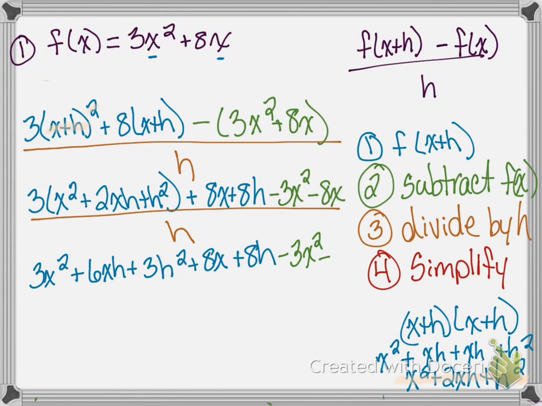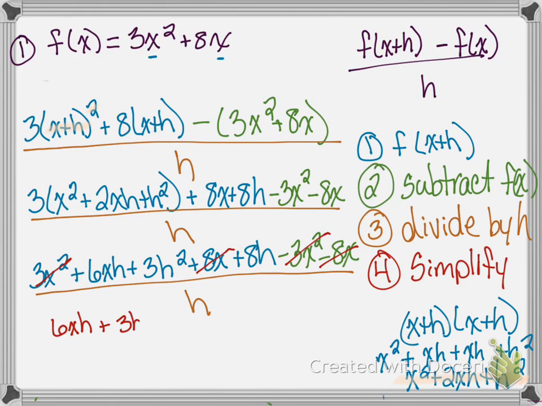I went ahead and distributed. Now that I have all of that multiplied out, now I'm going to simplify. 3x squared and minus 3x squared cancel. 8x and minus 8x cancel. So I am left with 6xh plus 3h squared plus 8h.